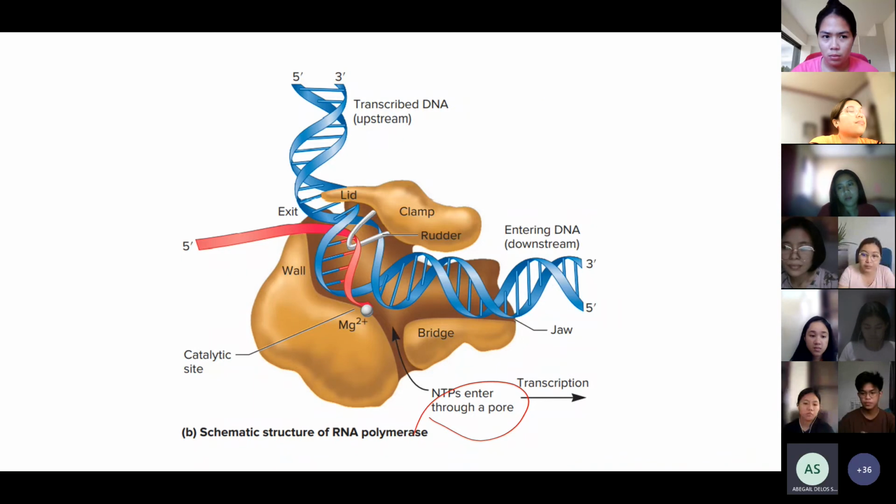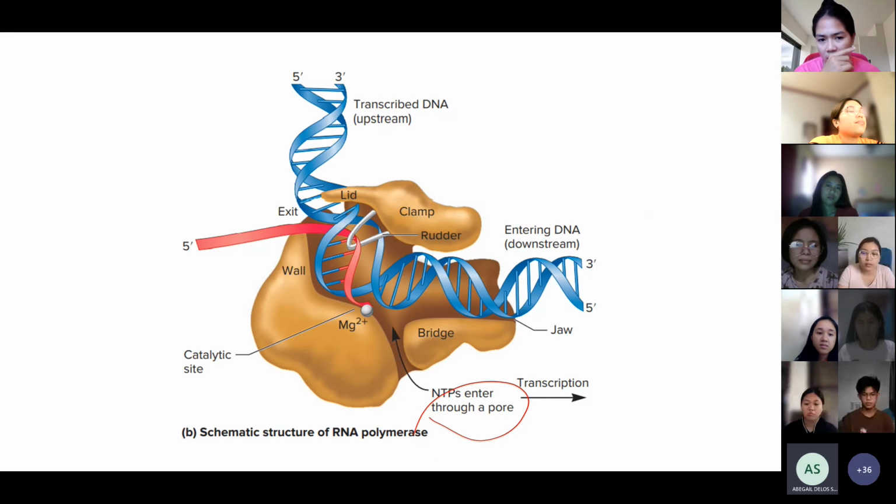So the structure for both, actually, they really look the same. It's just that in this diagram, the direction of the transcription is from left to right. The double-stranded DNA would enter the polymerase along the bridge surface that is between the jaw and the clamp, and at a region termed the wall, it would bend into a right angle to enable the nucleotide to bind.